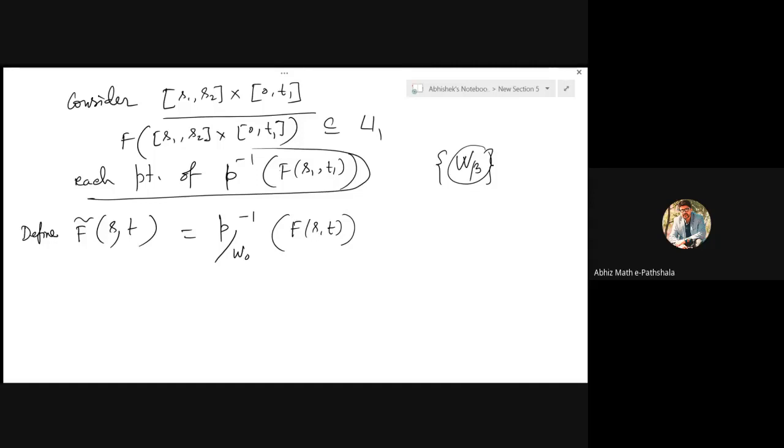Now, since the number of covers is finite, ultimately what you do is first define f tilde in the same way as we have defined above for the entire bottom row, that is the closed interval [0, 1] cross [0, T1].